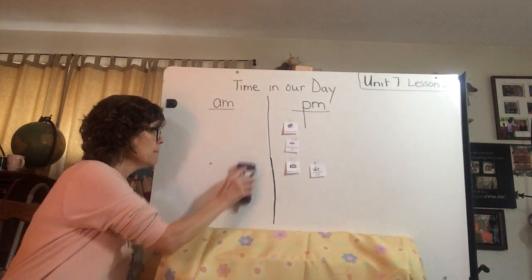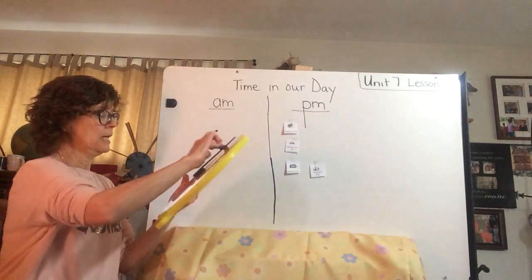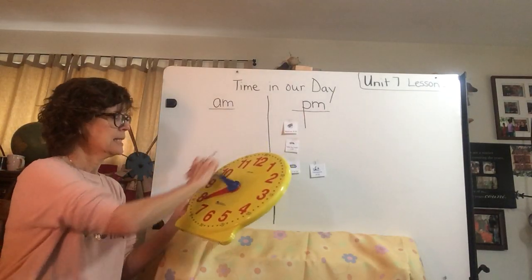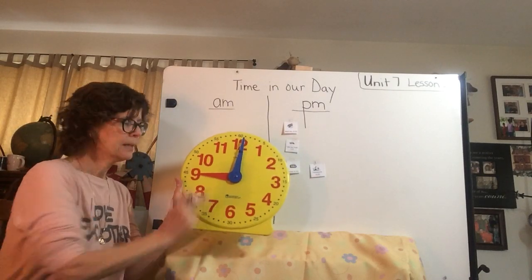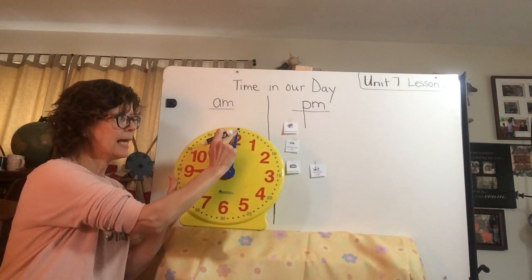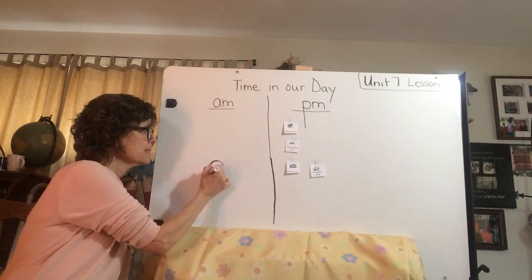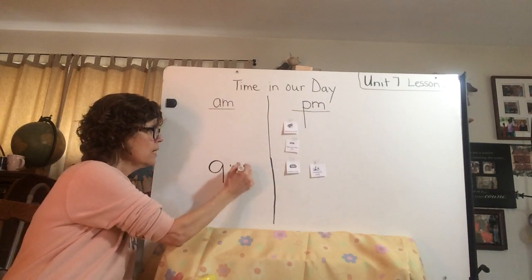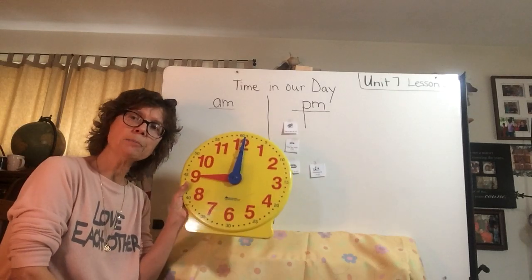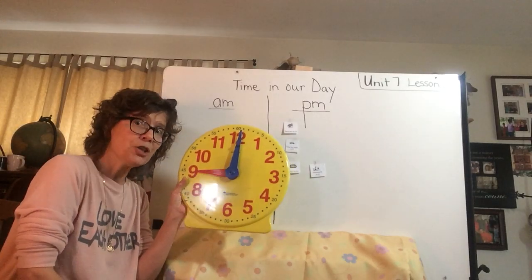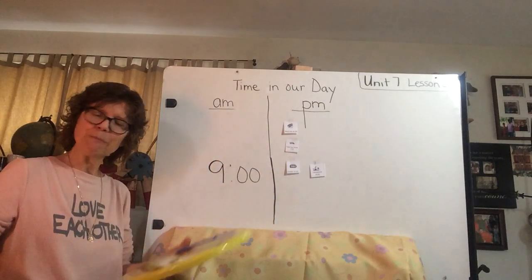Let's do a couple more. How about, look at the hour hand and the o'clock. That's 9 o'clock. In the morning, you might be eating breakfast. At night, it's probably you're in bed already, or maybe watching a movie, staying up a little bit later.